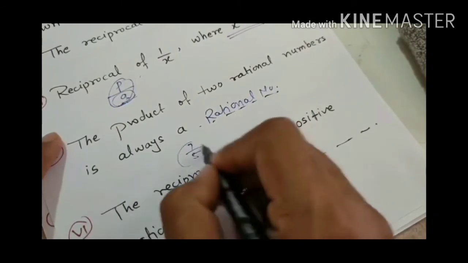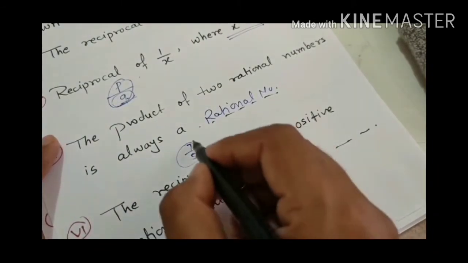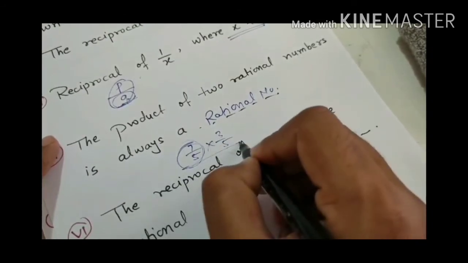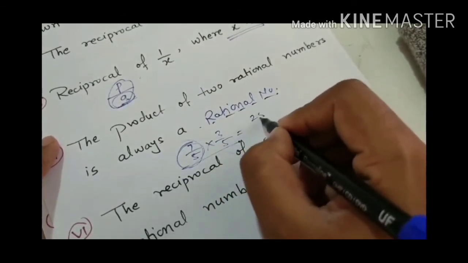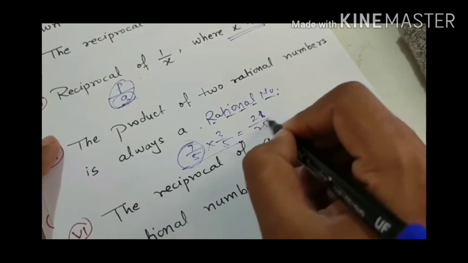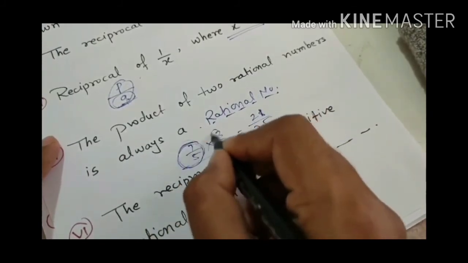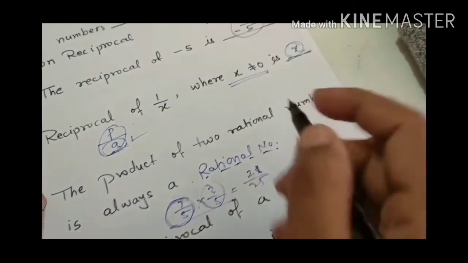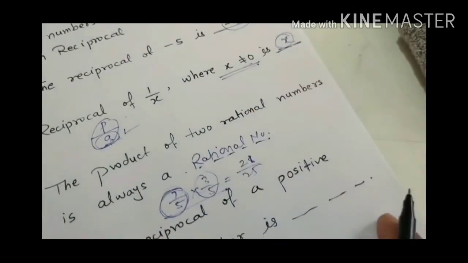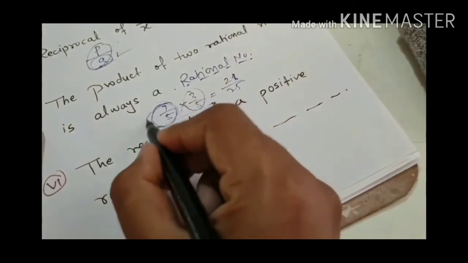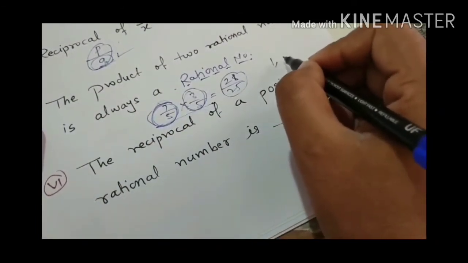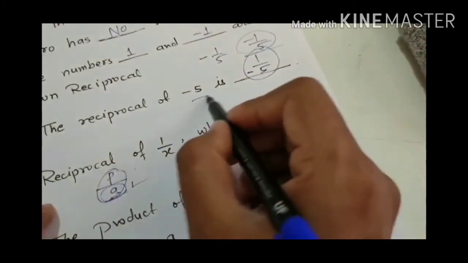We have closure property. A into b is equal to c. If a is a rational number and b is a rational number, c should be a rational number. And when we were doing that, we got 7 by 5, 3 by 5. Now this number is also a rational number.